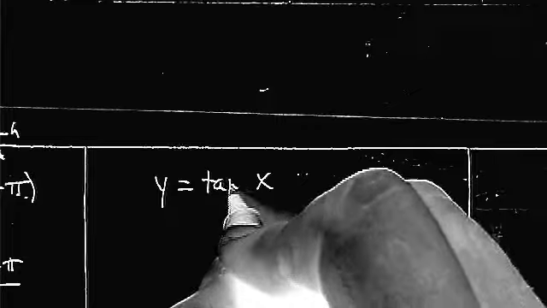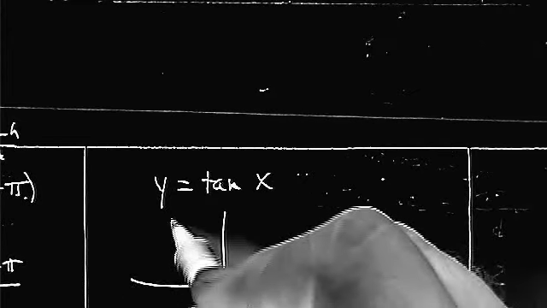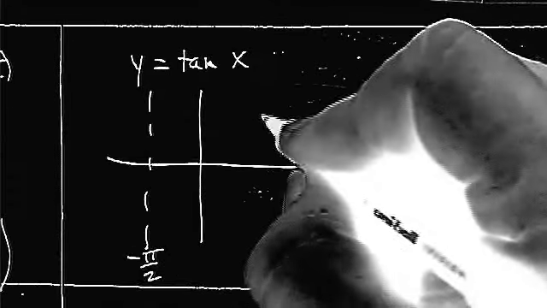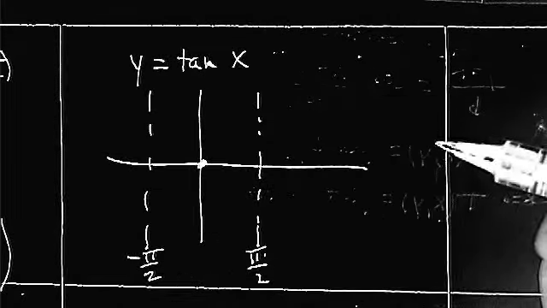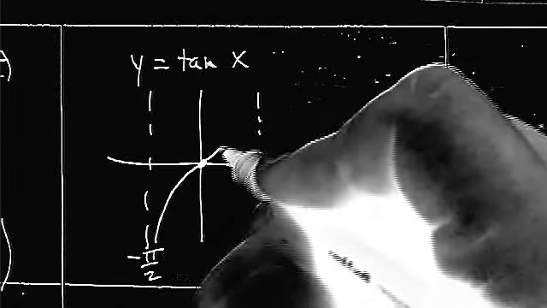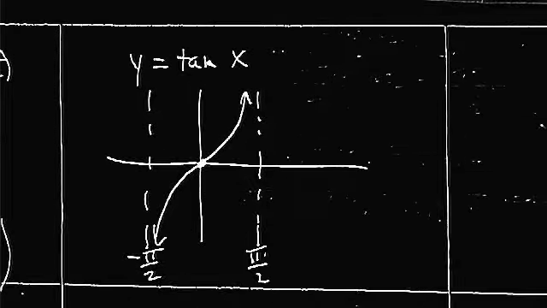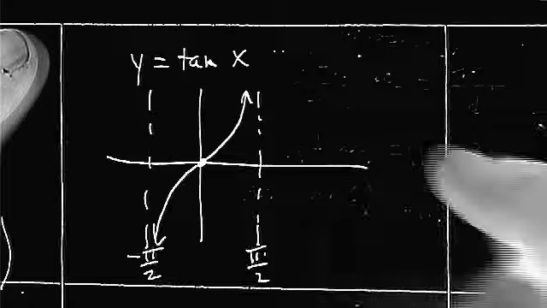Tangent. Remember at negative pi over 2 and positive pi over 2, and I'm only going to draw one cycle because it goes on forever and ever. It's got a center point right there, and you can draw that shape of the graph. We don't get too picky on the tangents.